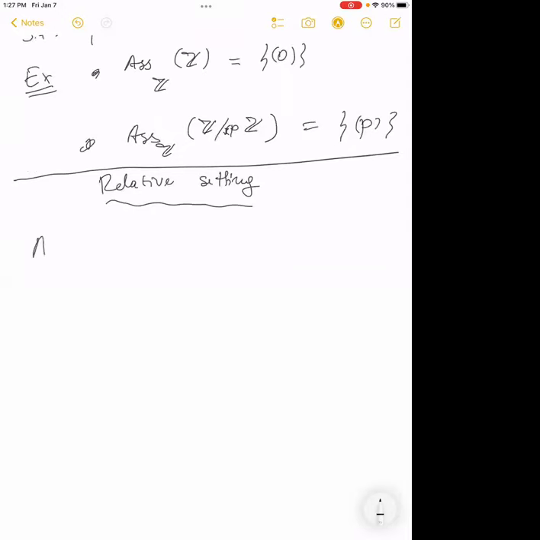I have A and B Noetherian domains, and I will assume that B is a finitely generated A-algebra, meaning I need only finitely many elements in B to generate B as an A-algebra.